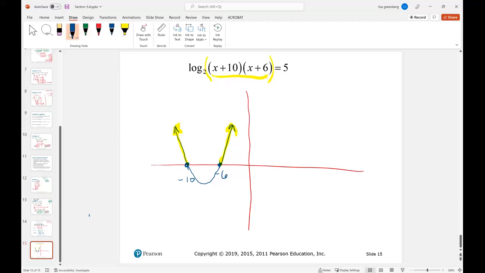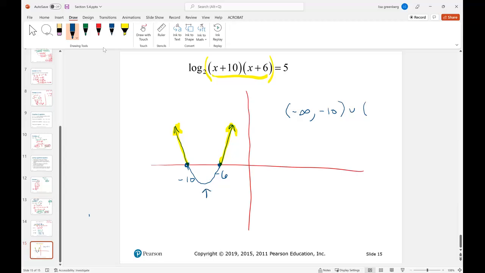So looking at this, I can see that from negative infinity all the way to -10, not including, we can't include -10 because that's 0 and we can't take the log of 0, union, and we have to leave out all this here because this is all negative.